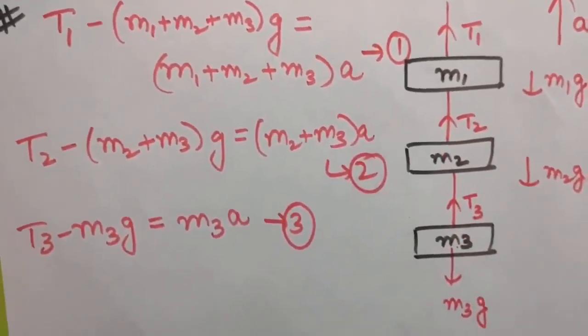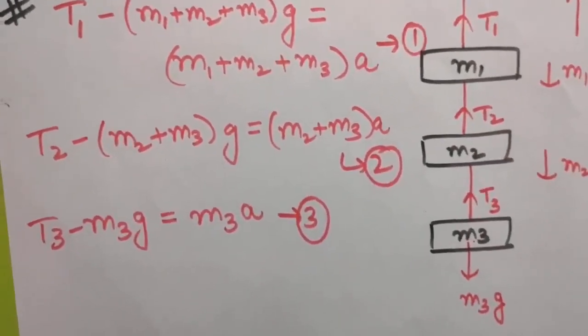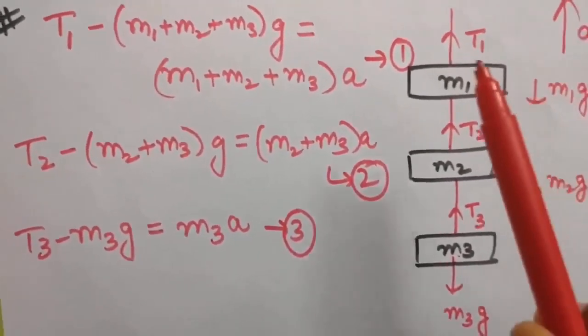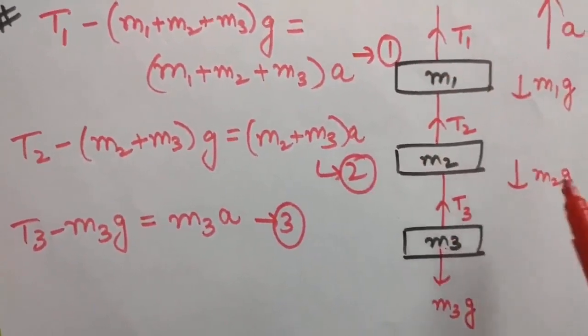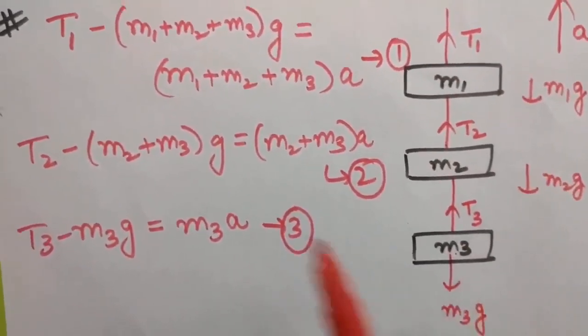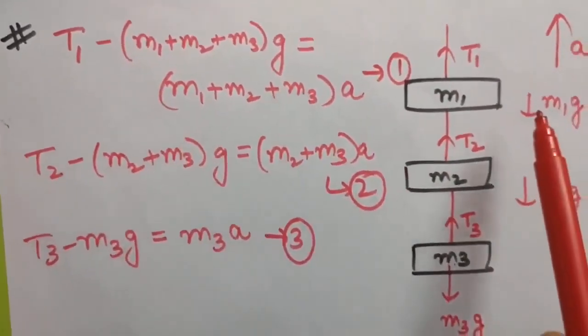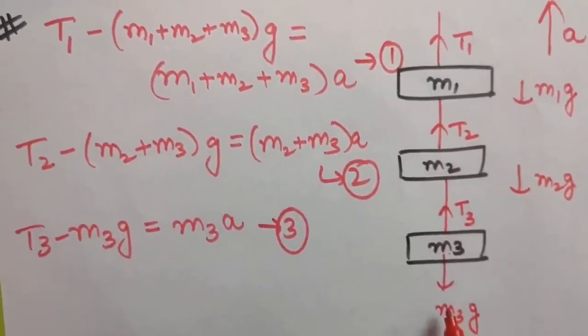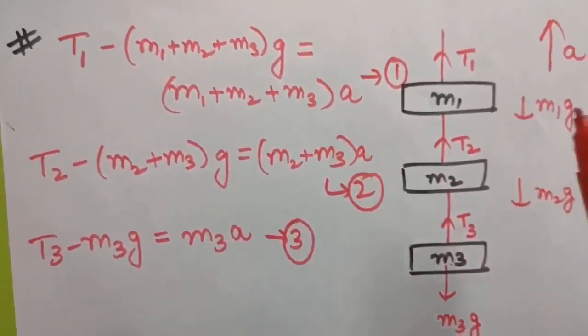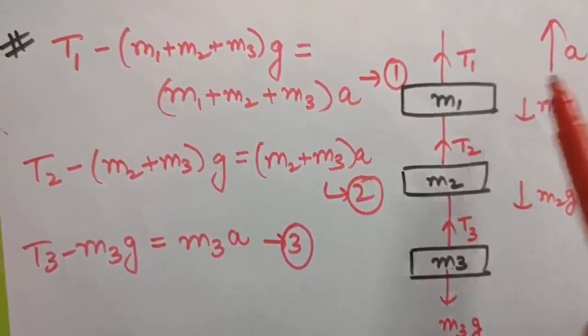So if you are pulling m3, m1 will automatically be pulled. So therefore while writing equation for this one we have to consider all the three forces. So T1 minus m1g minus m2g minus m3g will be equal to again (m1 plus m2 plus m3) into a.